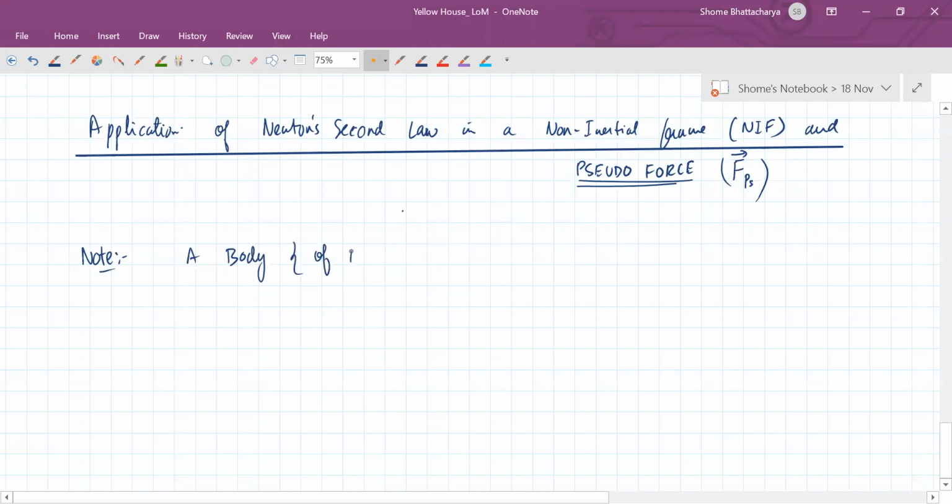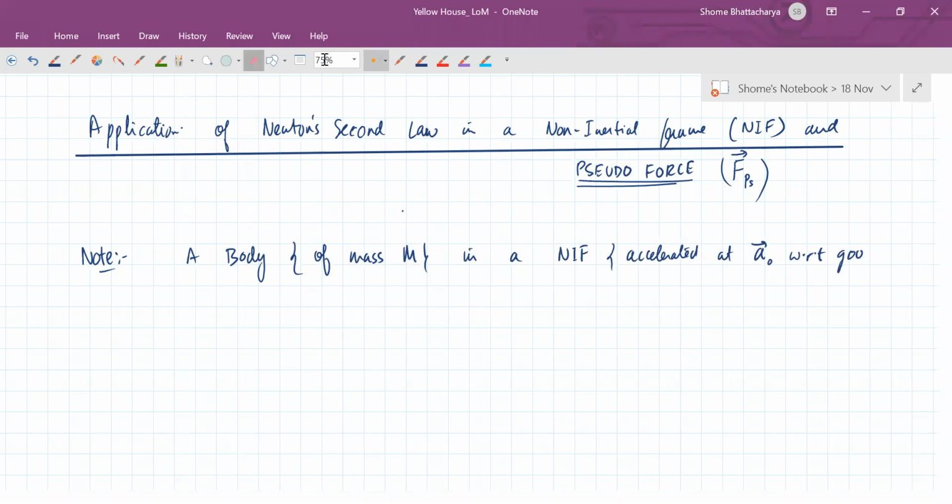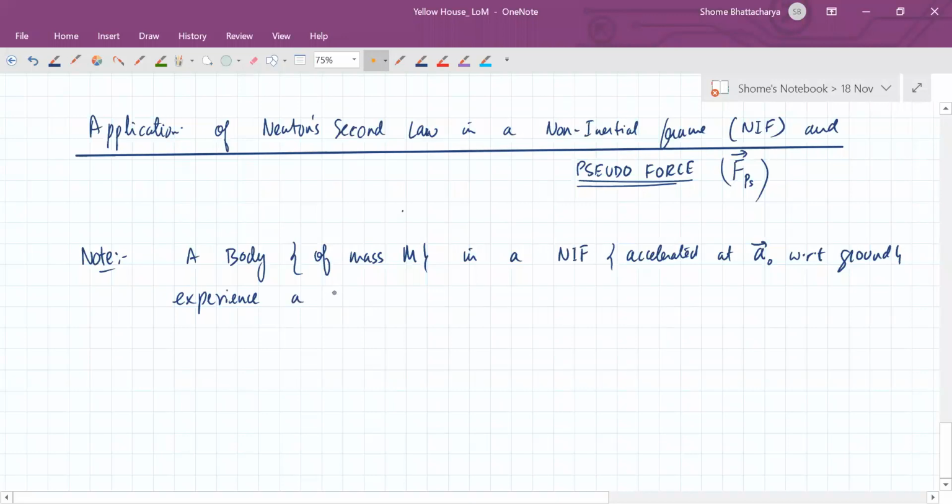So, a body of mass m in a non-inertial frame, accelerated at a naught, let's say, with respect to ground, experiences a force called pseudo force due to the frame's acceleration.